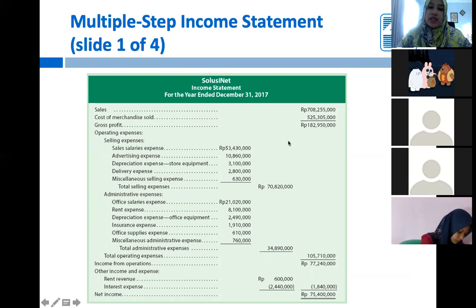So let's say the gross profit is very low, it means the company is not functioning really well in their main operation. And then they can identify the information from the expenses. What kind of expenses is actually demanding a lot of cost or funds from the company. So it gives us more information. But in terms of preparation, it is more complicated.